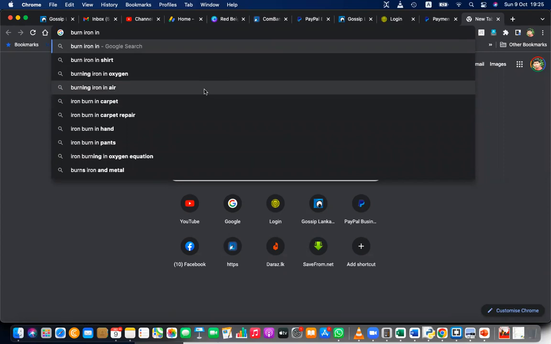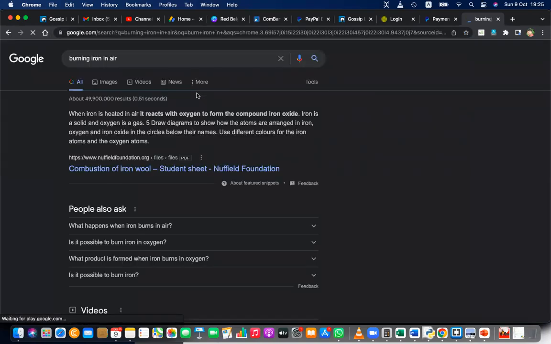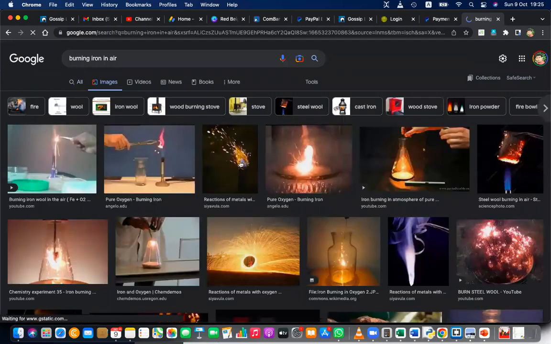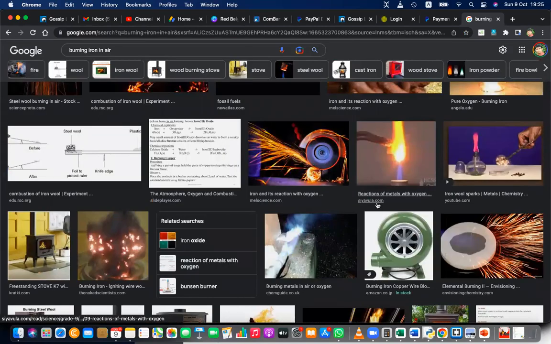It will react with oxygen, and this is what you have seen. But what will really happen chemically?